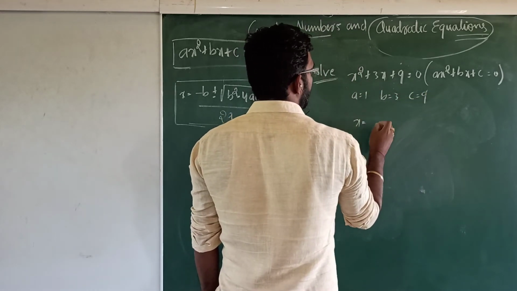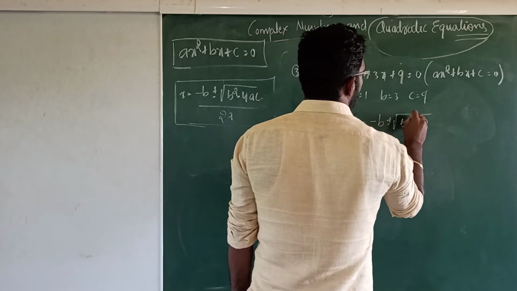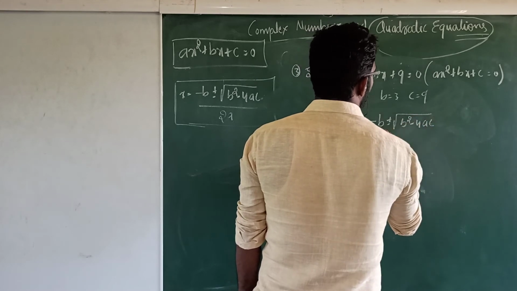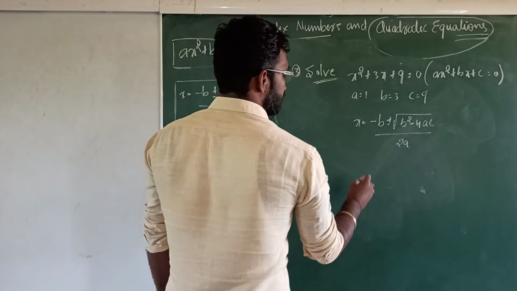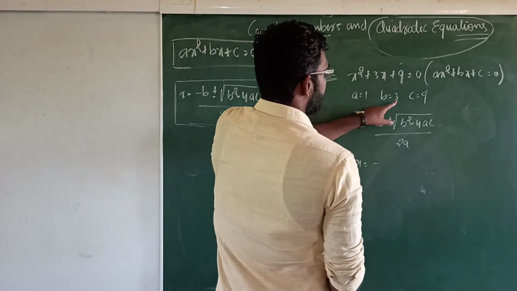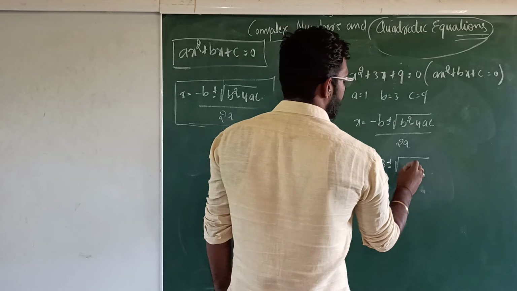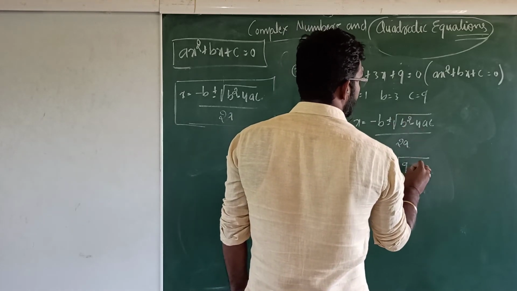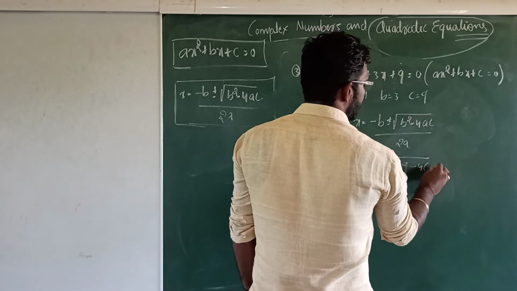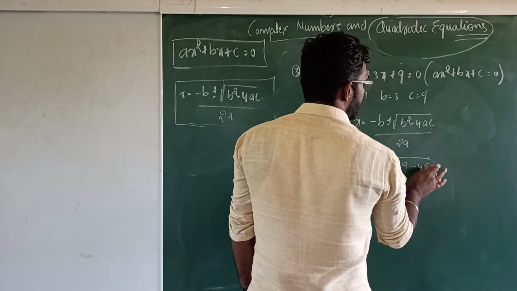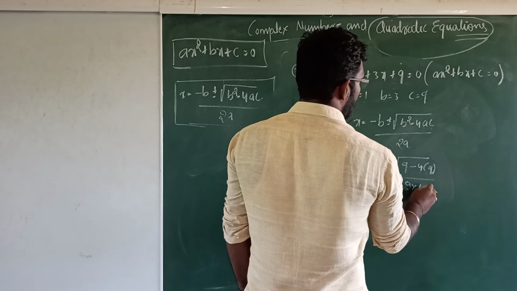Therefore x = (-b ± √(b² - 4ac)) / 2a. I will substitute the values. x = -3 ± √(3² is 9, minus 4 into a into c, which is 1 into 9) / (2 into 1), right?